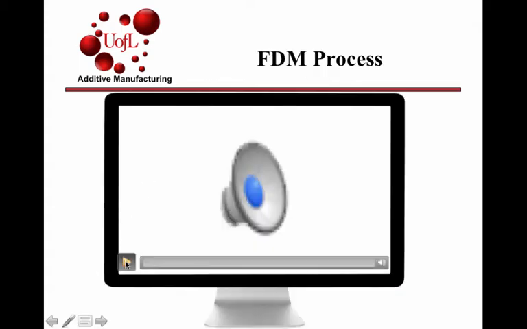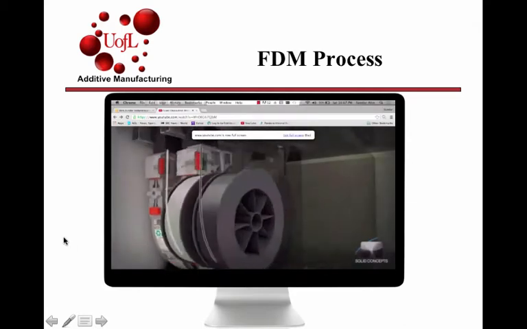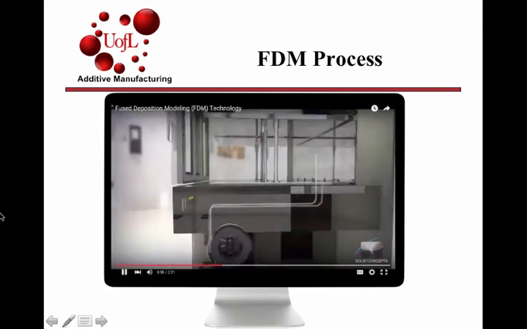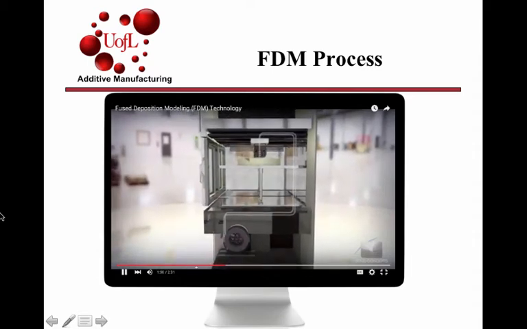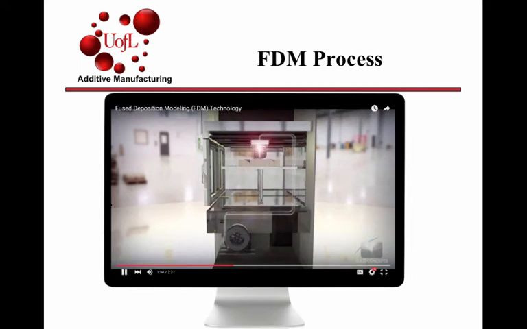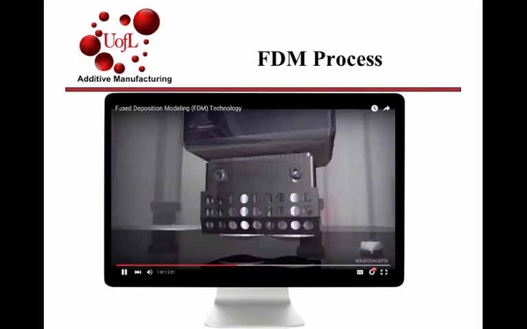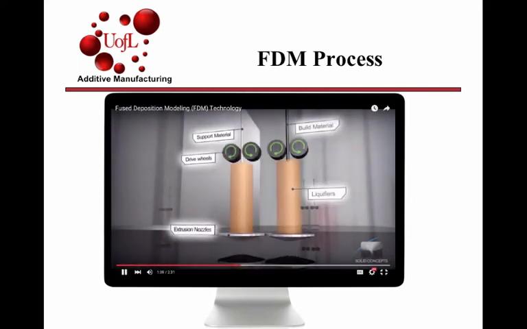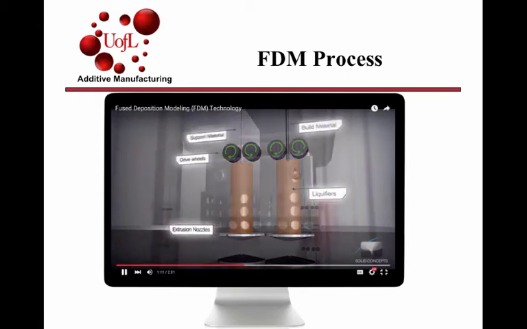Let's take a look at the basic FDM process. Thin thread-like spools of thermoplastic and support material are used to create each cross-section of the part. Similar to a hot melt glue gun, uncoiled material is slowly extruded through dual-heated nozzles.